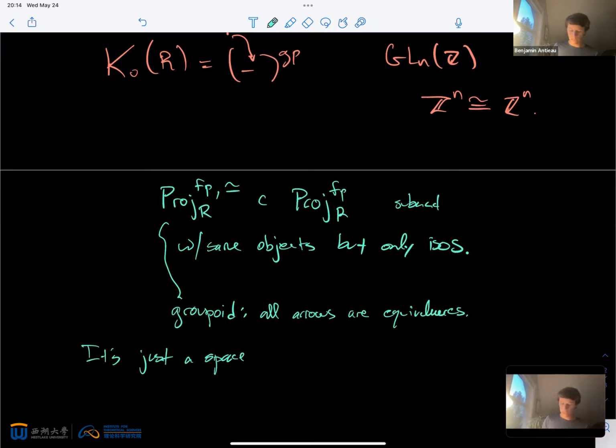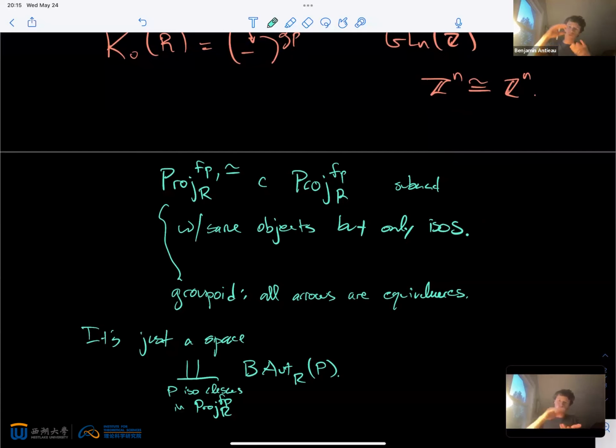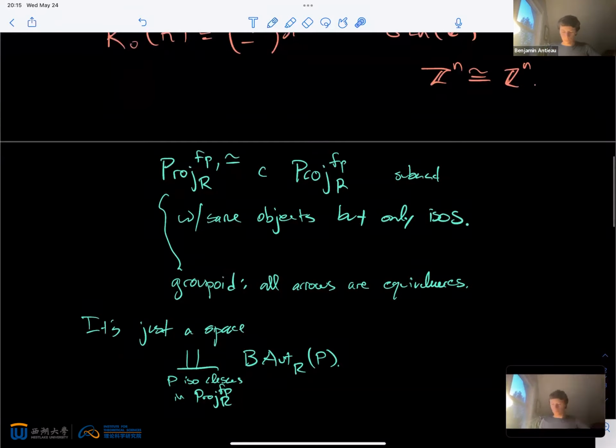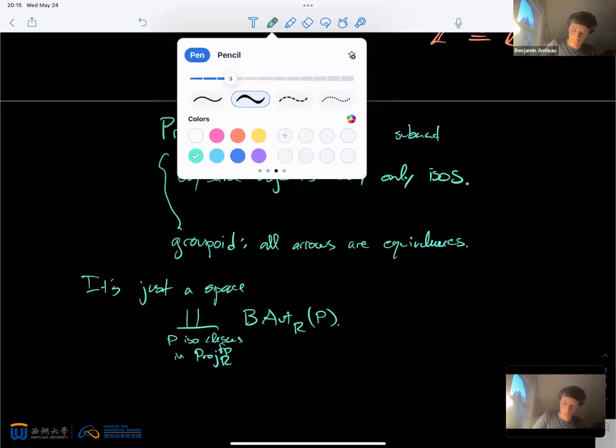As a topological space, it's homotopy equivalent to a disjoint union where you range over iso classes in proj R, finitely presented, and then you take the classifying space of the automorphism group of P. So as a space, it's a bunch of disjoint components, and each component is a K(pi,1) space, i.e. a path-connected space with only a single homotopy group, and that group is this automorphism group, as pi_1.